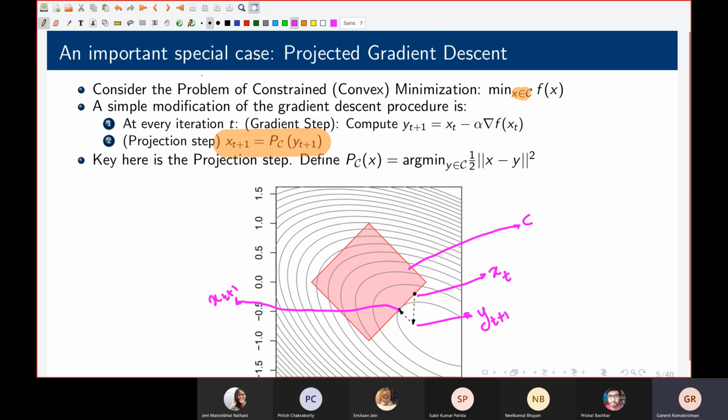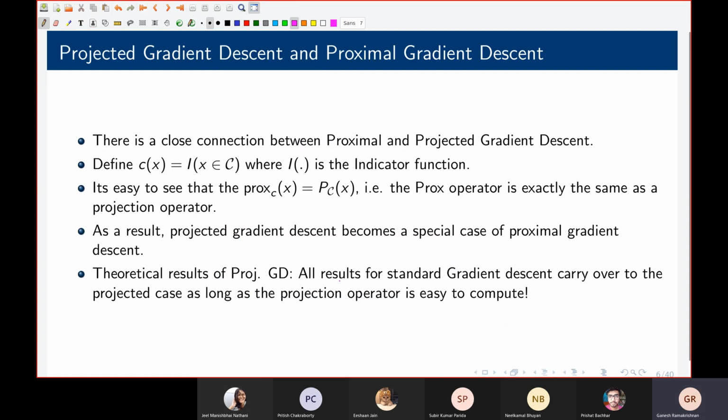Okay, this is very intuitive, but this does correspond to the proximal operator. So projected gradient descent is exactly the same as proximal with the indicator function in place of C. That's it.